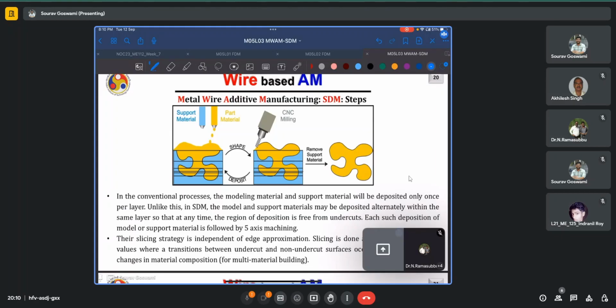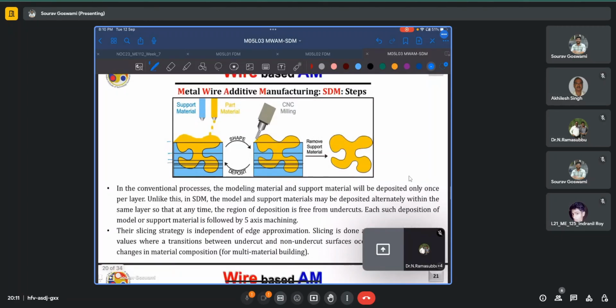If any of these conditions are encountered, we generate a slice or a segment, and we can see that the thicknesses of the segment are not uniform. So it is inherently an adaptive sort of slicing, but the algorithm is based on different factors.